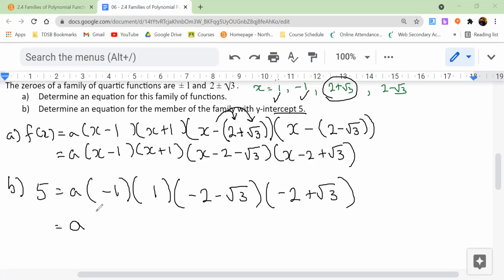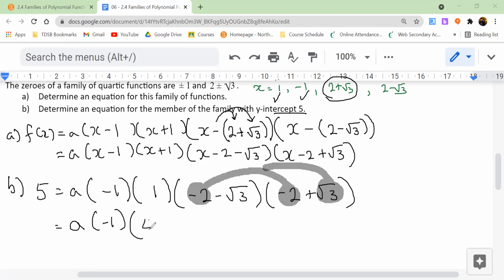So let me multiply the ones just to get that out of the way. And then this is distributive property. Let me color coordinate it. Negative 2 times negative 2, and then negative 2 times positive root 3. That's the beauty of this, so you don't have to be worried.